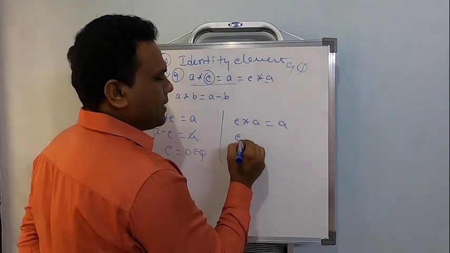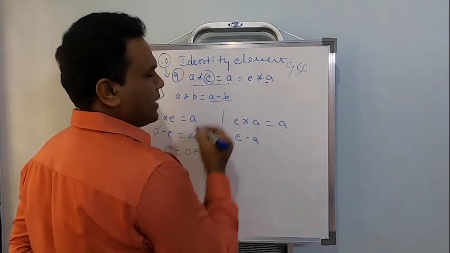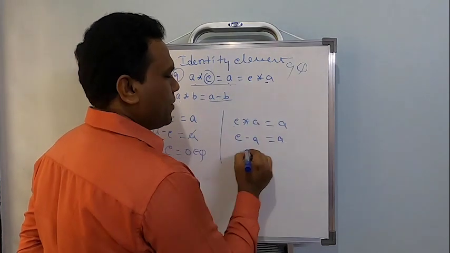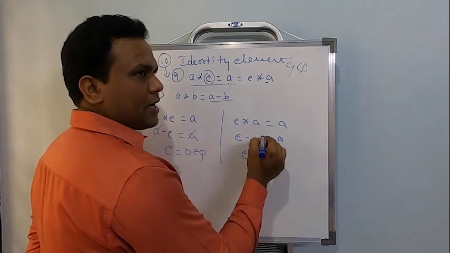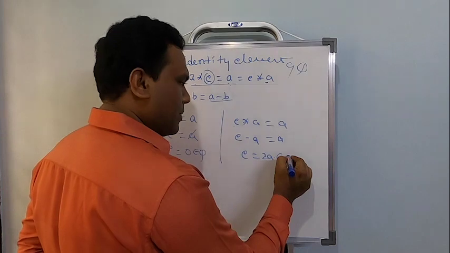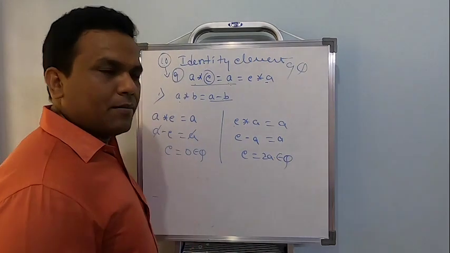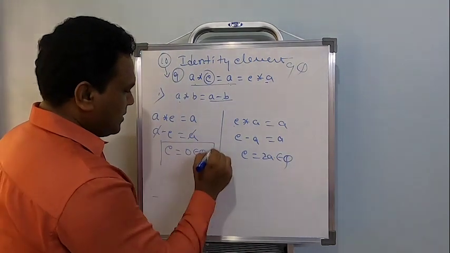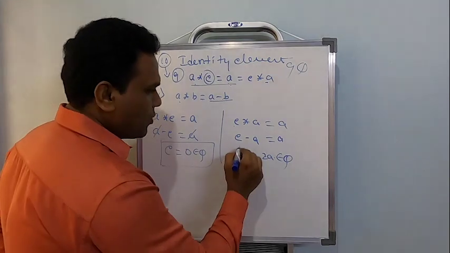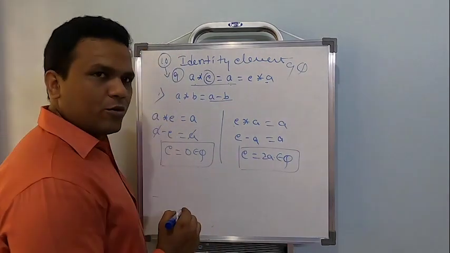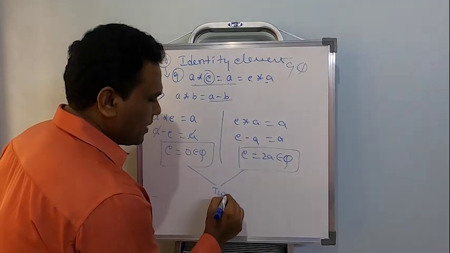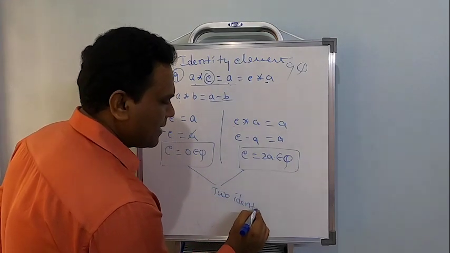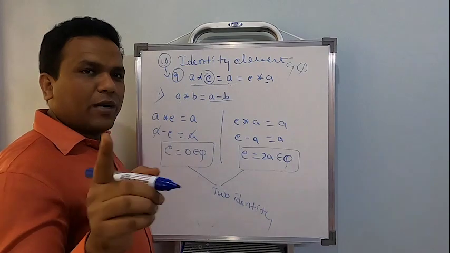E star A, E minus A, by using the definition given here, will be equal to A, or E is equal to 2A. Yeah, if A is a rational number, 2A is also a rational number. Let's agree. But here E is 0 and here E is equal to 2A. This shows there exist two identities. Now identity has to be unique.